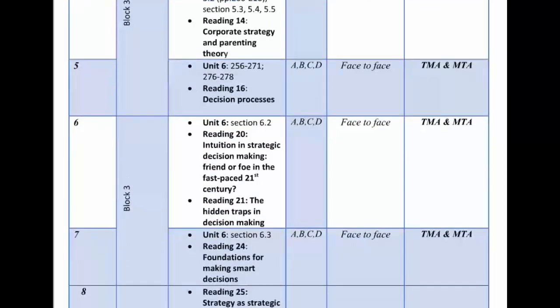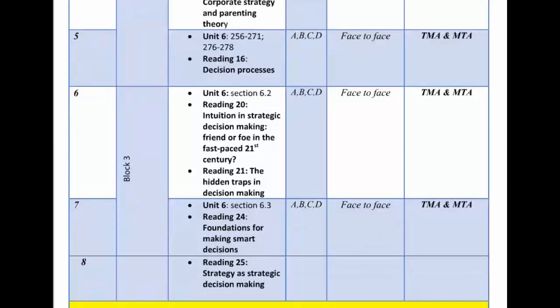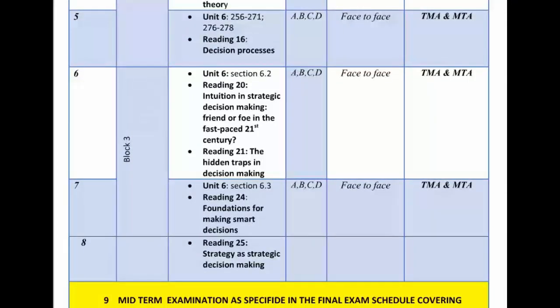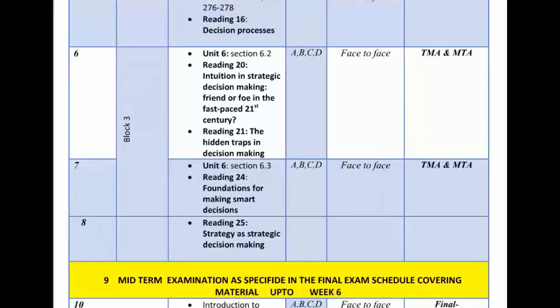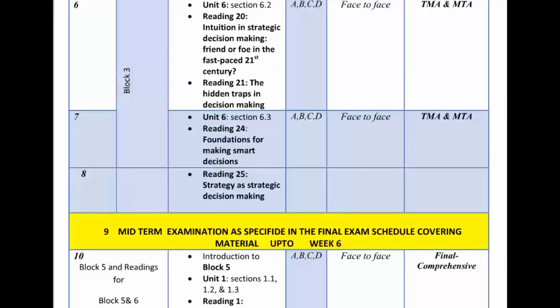Also we will take reading number 16, which is about decision process. Then in unit 6 we will have section 6.2, and also readings 20 and 21.